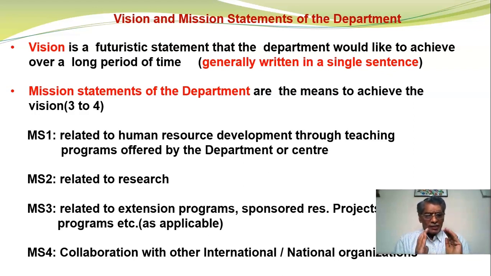So how to write, how to formulate mission statements? I am giving the general guidelines here. Mission statement 1, it is related to human resource development through teaching programs offered by the department or center. 2, related to research.